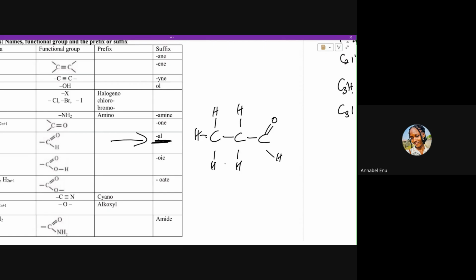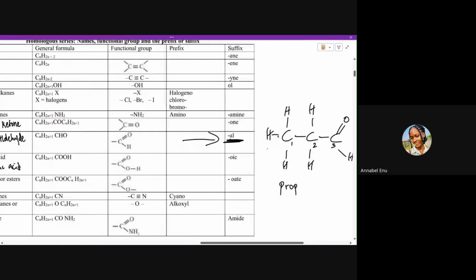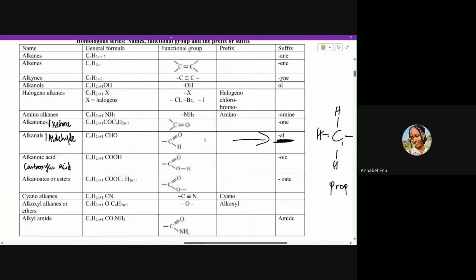First of all, how many carbon atoms do we have? We have 3: 1, 2, 3. So this will tell us it's prop. 3 signifies prop. Now what's the functional group there? An aldehyde, as I've written here, alkanal.